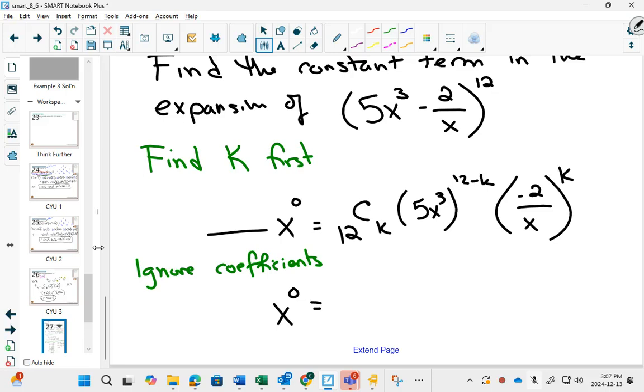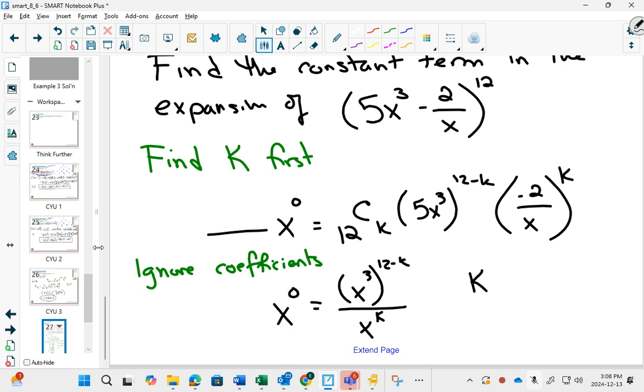The only place that we have exponents: in your numerator, you're going to have x cubed to the 12 minus k. And the x is going to have an x to the k in your denominator. Without thinking too quickly, but thinking a little bit, pick a k that you think would be close to canceling everything out.